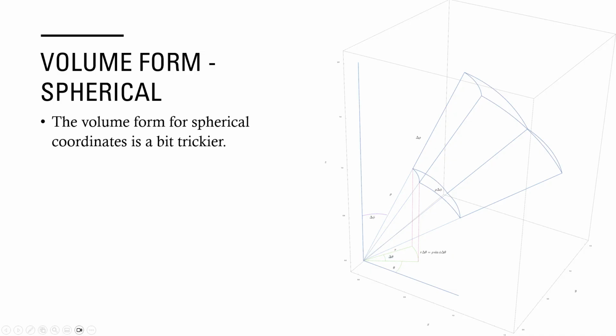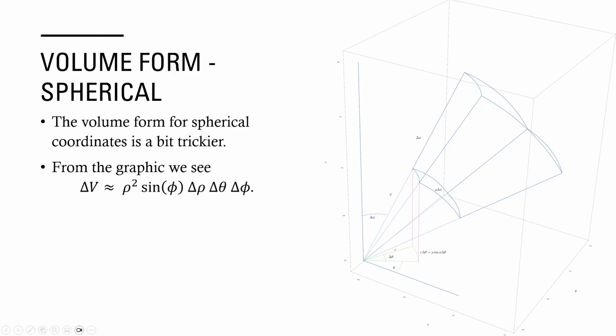And then this side here, I can project this down, and this is an r delta theta in the xy plane. But I know that r is rho sine phi, so this length here is about rho sine phi delta theta, just replacing the r with rho sine phi. And then the change in this direction is a delta rho.